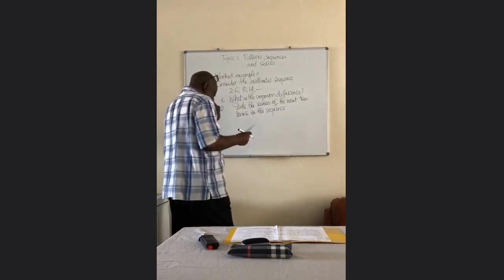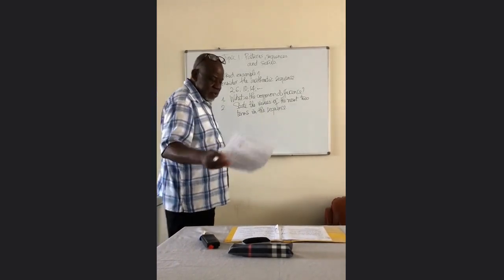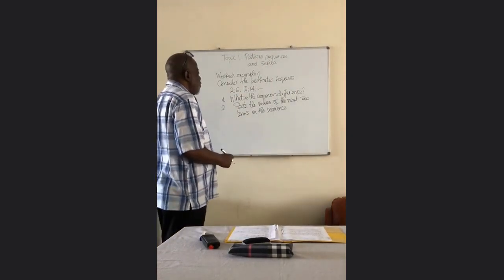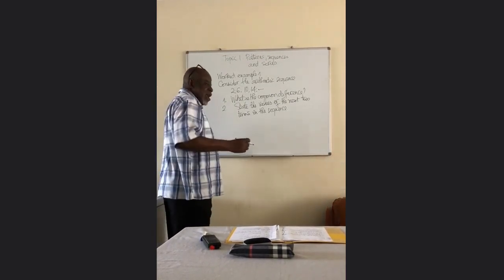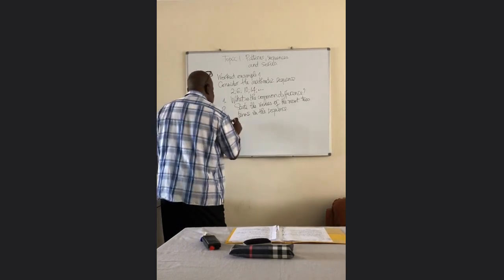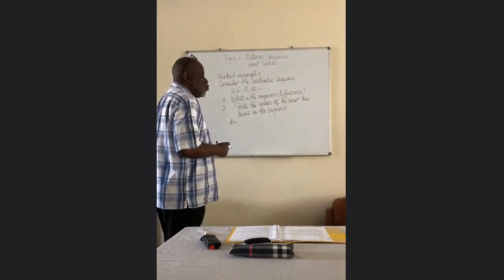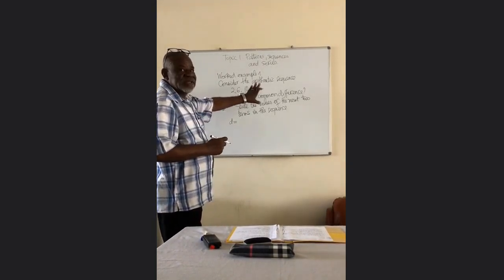So gradually we'll go to these sub-questions. We first take the first and the second terms. What is the common difference? If you want to get your common difference, you apply the definition we have just seen. Our T1 is 2, our T2 is 6, T3 is 10, and T4 is 14.